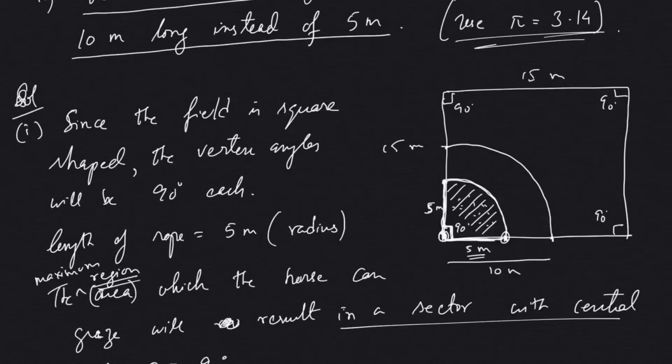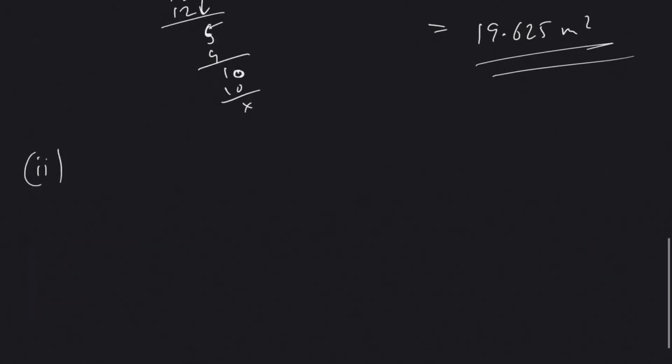Now we can clearly see from the figure that if the rope is increased to 10 meter, then this is the extra area that it can graze, and that is what the question is telling us to find out. That is the increase in area. Sometimes we confuse it with the total area that it can graze, that is this complete area. It's not the case. We are just told to find out the increase in area, that is only this portion.